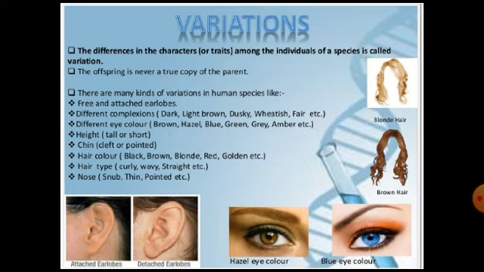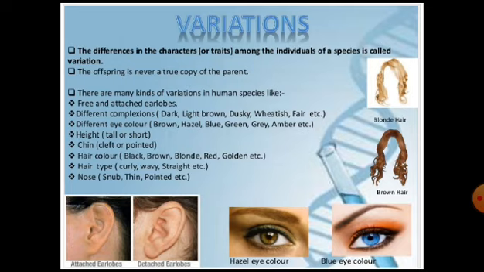Due to mutation and the crossing over which occurs during gamete formation, some genes which might not have expressed themselves in the parents may get expressed in the offspring. So they form a new character, which is altogether different from the parents. Thus, variation results in an altogether different set of characters in an offspring.